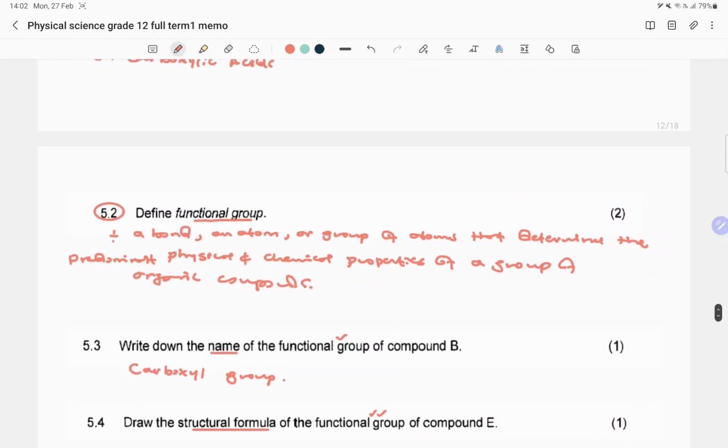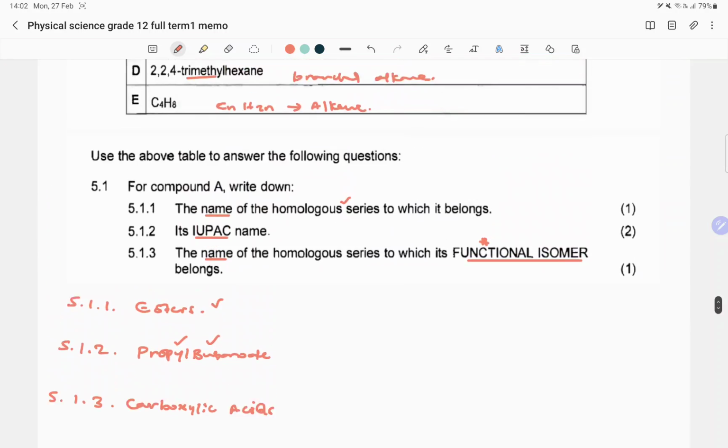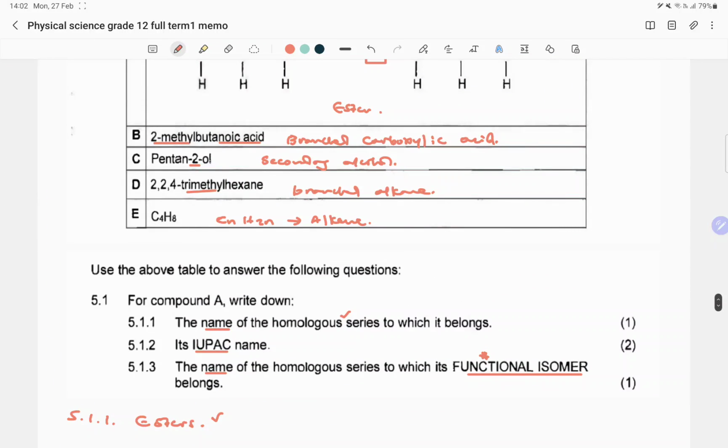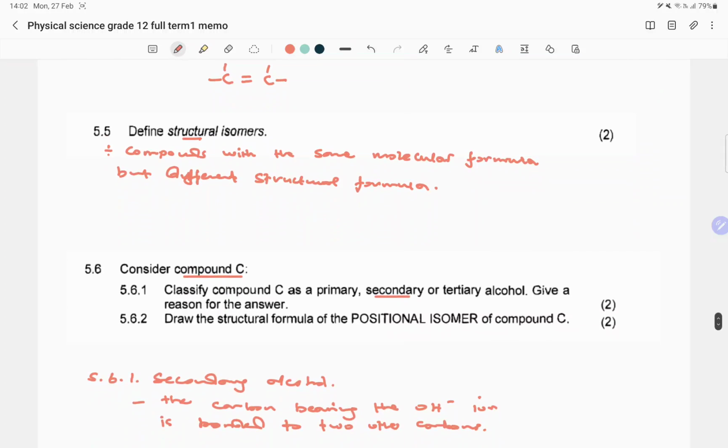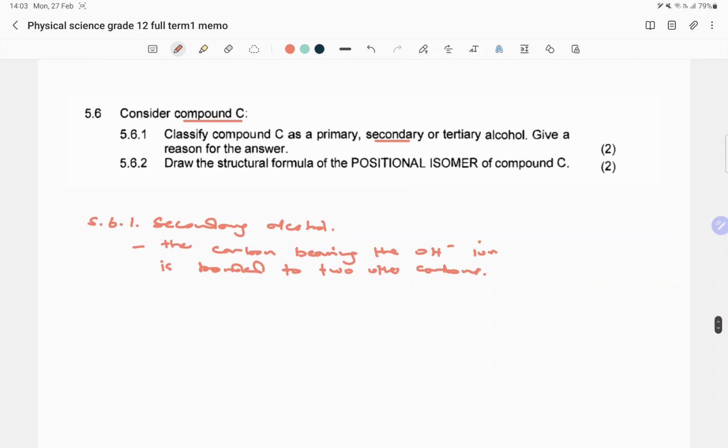The reason we know that is because there is a number before the OL, so it tells us the position of the OH in the carbon chain. So that is a secondary carbon if there is no side branch to that parent chain, which coincides with the same number of the carbon position. So now this becomes a secondary alcohol, so that's what we know. Okay, great, that's easy. So you're getting a mark for each of your attempt.